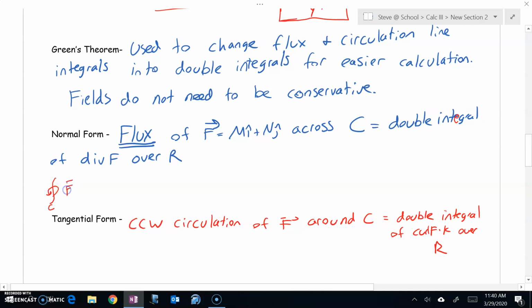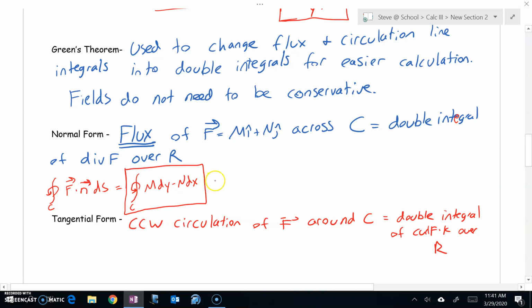It was the field dotted with the normal vector ds, though we never used that version. It actually was equal to this. This is important right here, because you have to recognize this one here. It's M dy minus N dx.